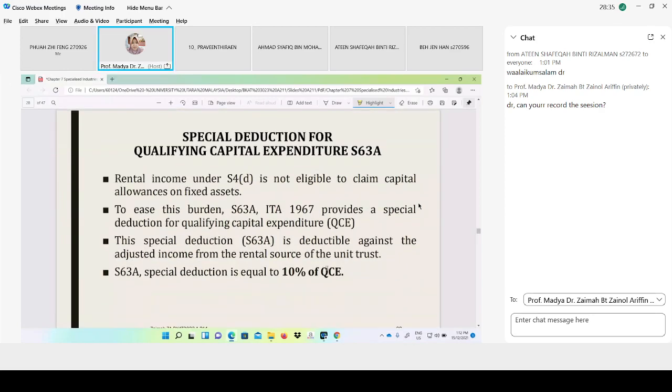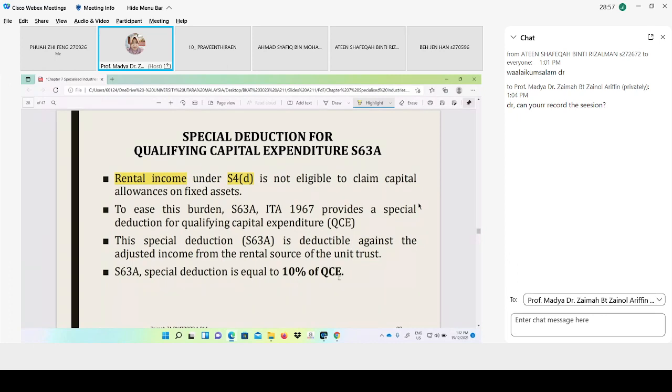You know that for the unit trust, rental income itself is under Section 4D. Remember, when the income is under Section 4D, supposedly there is no deduction for capital allowance.